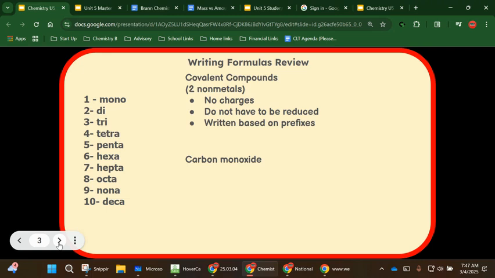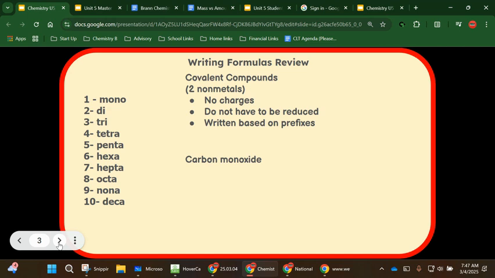Now, it may not be until the second element, because if there is only one of the first element, we never begin a name with mono. So no name begins mono something. Okay? Mono can be the second part of your compound. Carbon monoxide. Mono means one.